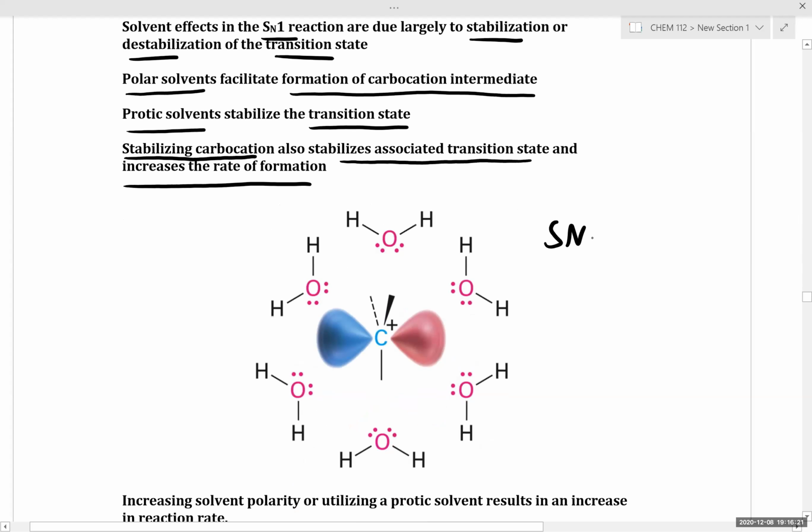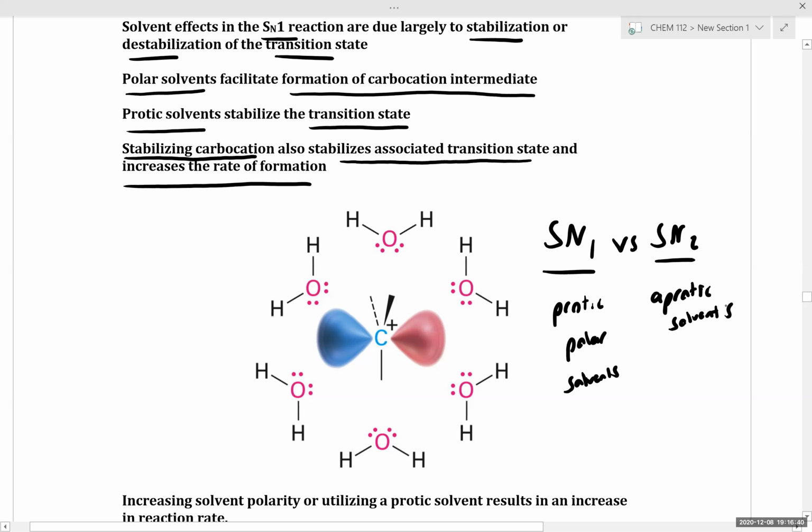So the SN1 reaction really likes its protic and polar solvents, while the SN2 reaction, just to showcase this comparison, likes aprotic solvents. So does everyone notice a clear difference between the SN1 and SN2 reaction in terms of solvent choice and solvent preference?